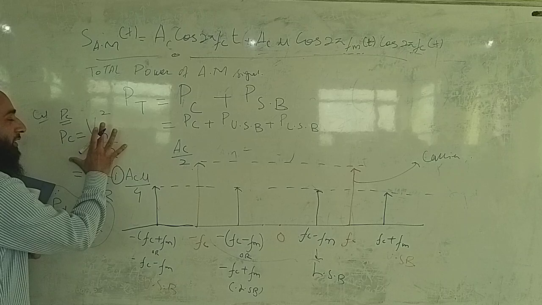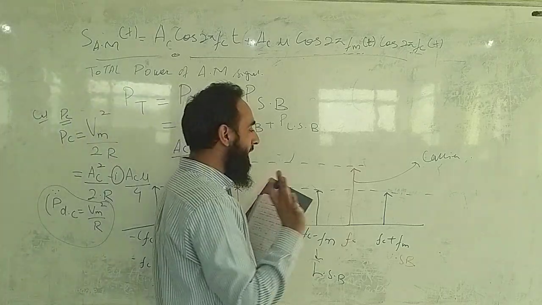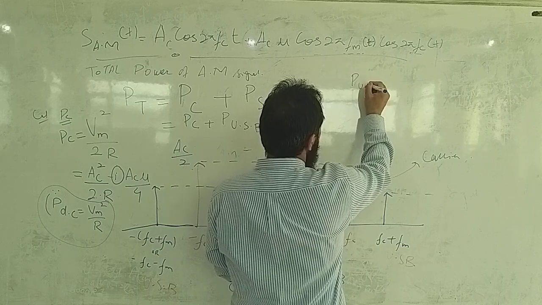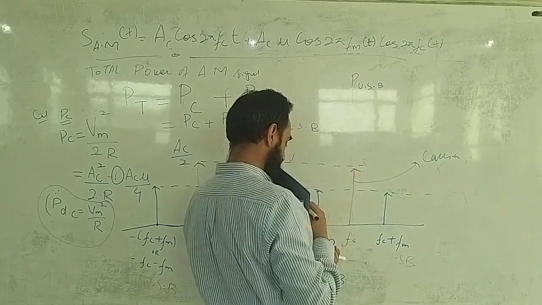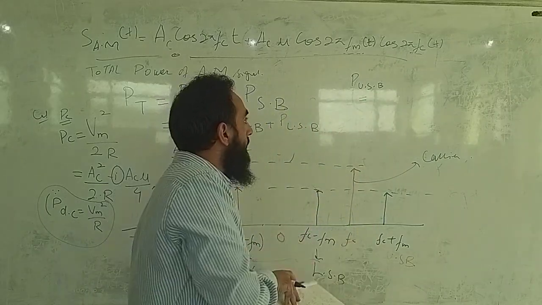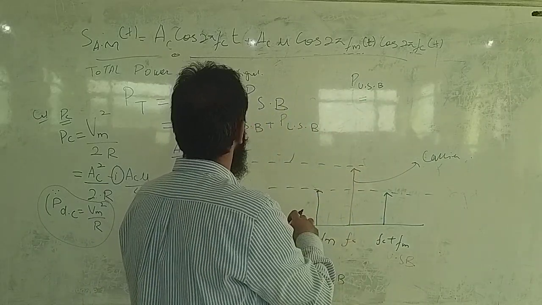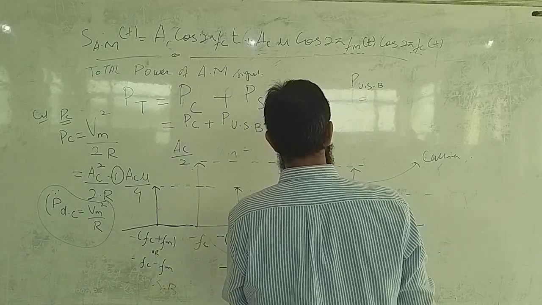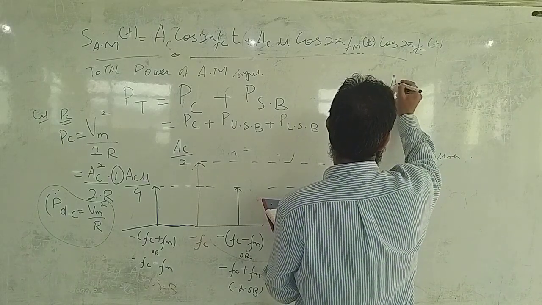Okay, let's resolve it tomorrow, but let's move ahead to the next part. P upper sideband is equal to what? So let's expand.